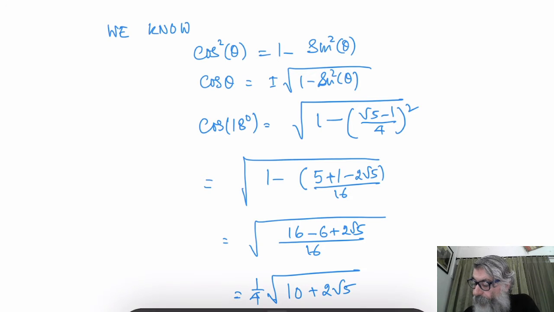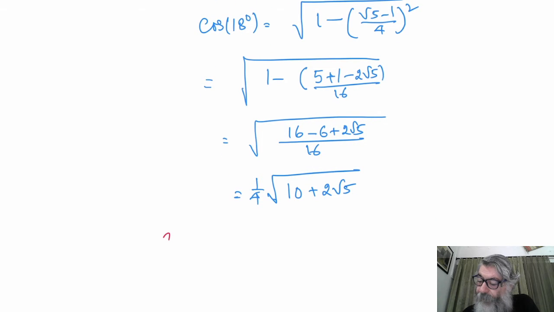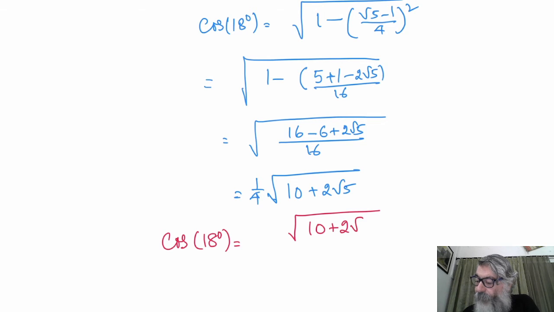Let me change the color and write the value for cos 18. Cos 18 degree will be root 10 plus 2 root 5 upon 4.